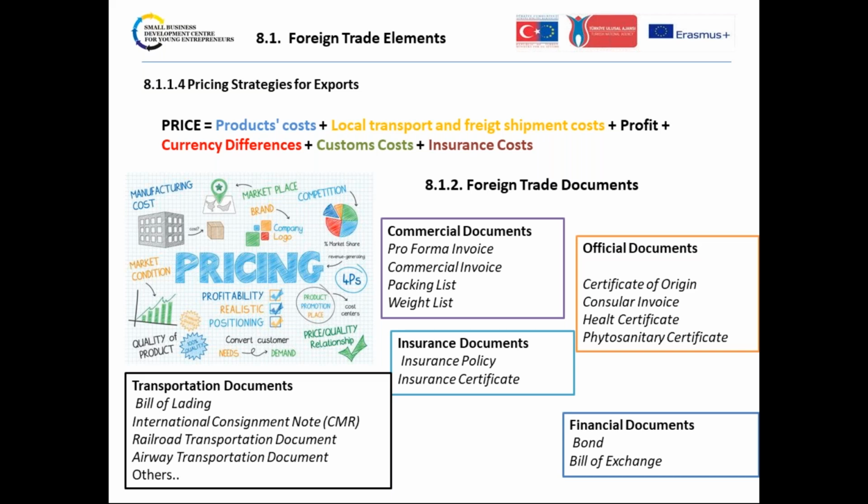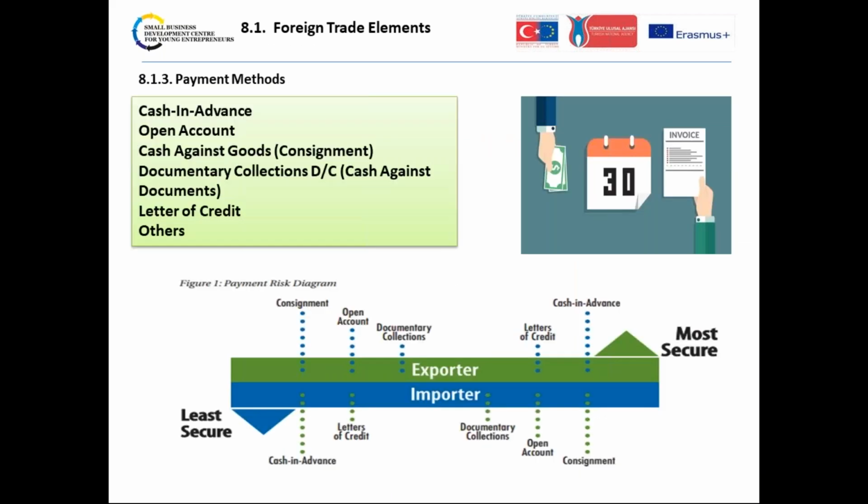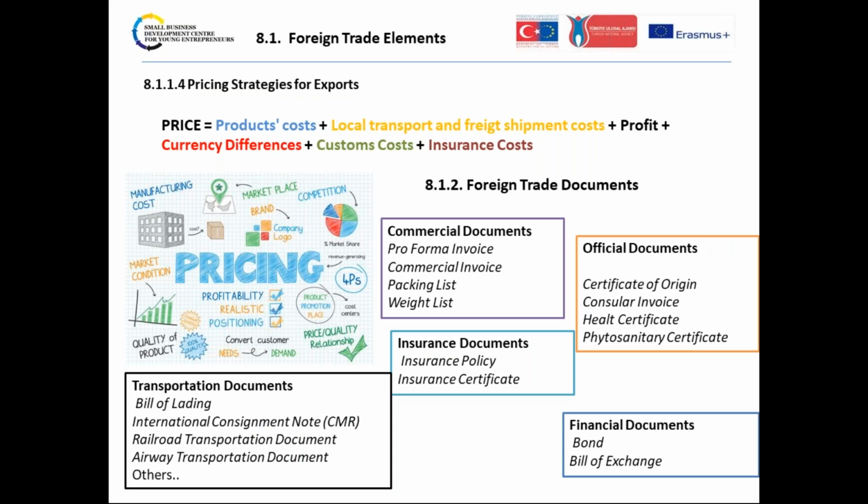So we can separate the document issues into 5 main areas. The first one is transportation documents. You need to prepare some transportation documents while you are making your export. The first one is the bill of lading.